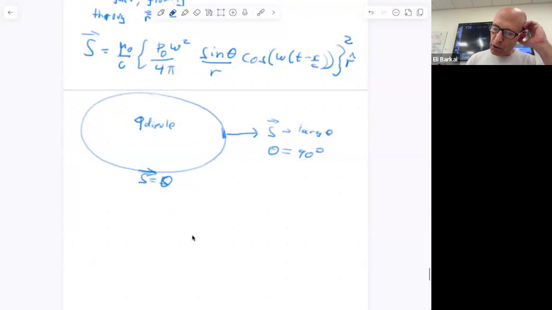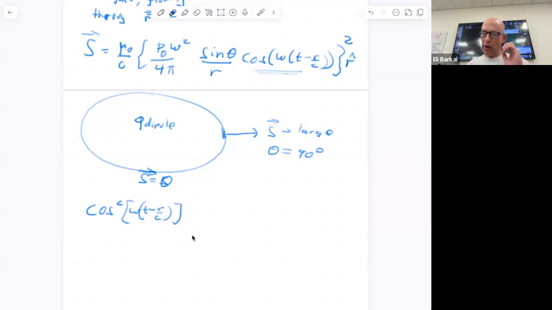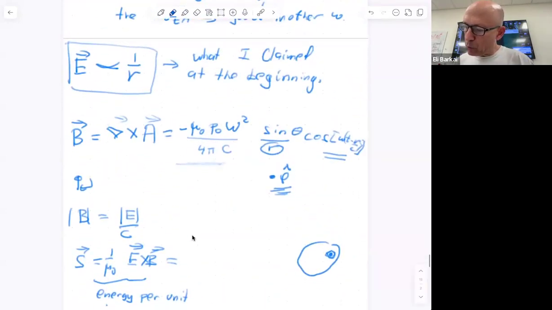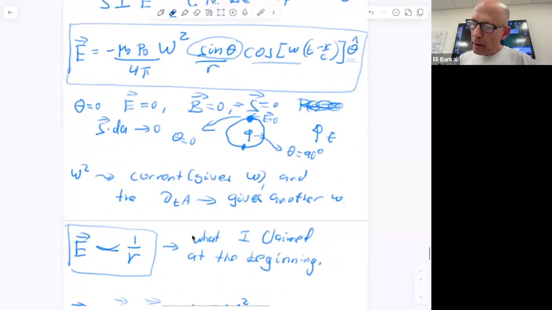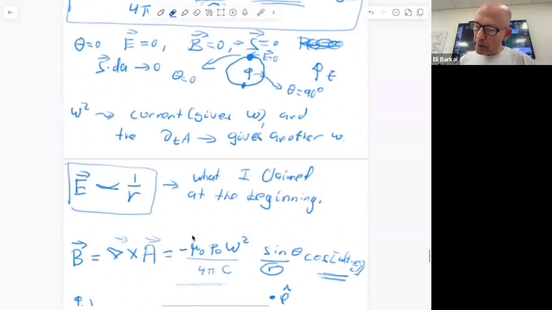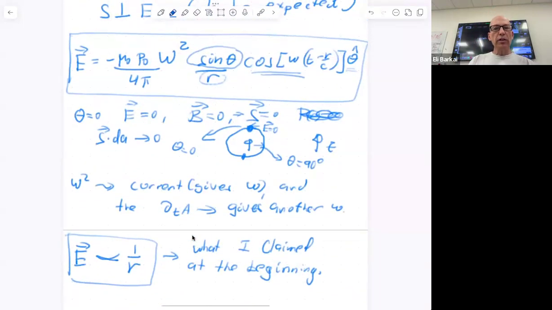Now, we still have this cosine. I mentioned this cosine squared omega t minus r over c. And this is here, this term, when I square it. If I didn't square it, by the way, if you go back here to the fields B and E, while, again, the miracle is that they decay like 1 over r, you see that they are also oscillating very quickly if omega is very large.